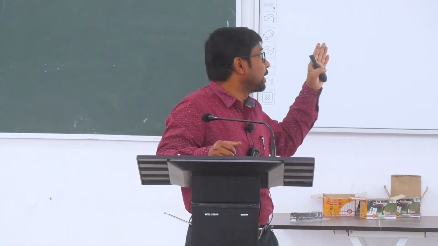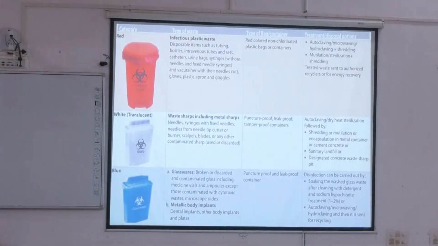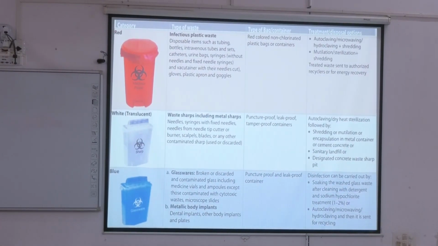Next is red. There you can find infectious but plastic or non-degradable material like gloves, face shields, goggles, catheters, tubings, and plastic syringes without needles, obviously without needles. You put those in the red bag.